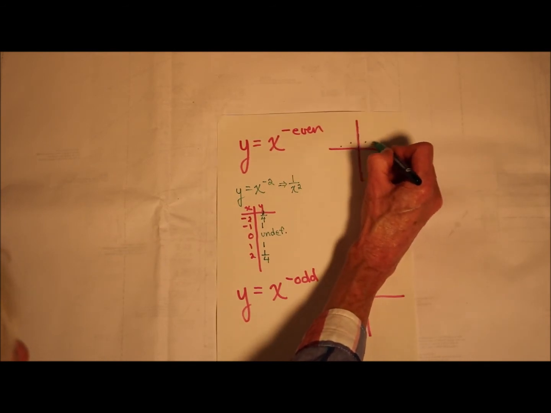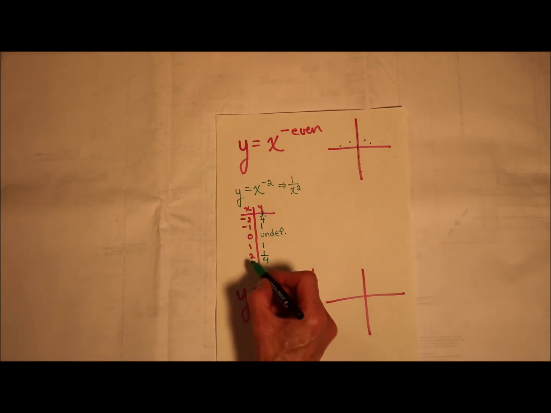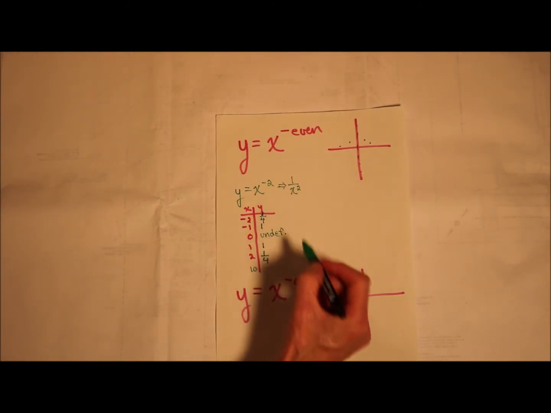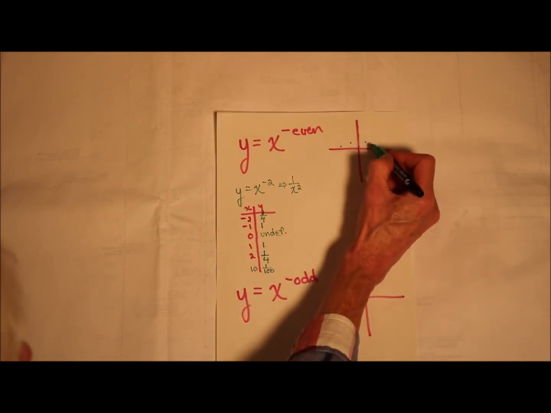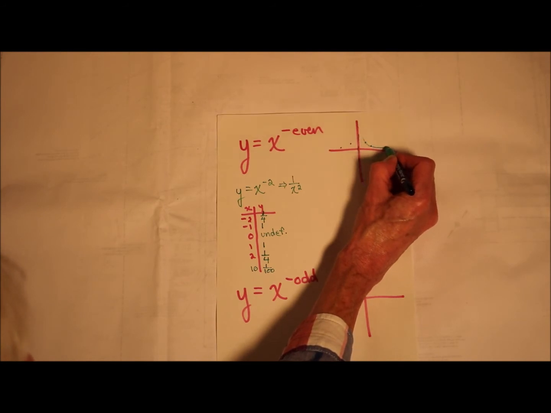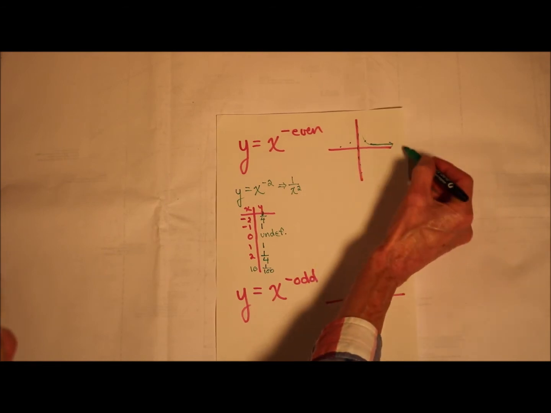Okay, now these points aren't quite enough for us to know, but let's imagine putting a really, really big number, like 10. 1 over 10 squared. Wow, that's 1 over 100. That's practically 0. So I think this thing is going to get closer and closer and closer to 0, right? Oh, that's end behavior, isn't it?